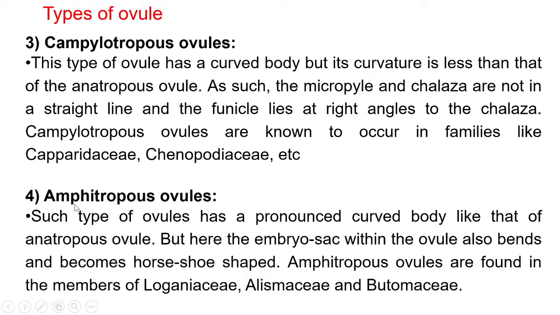Fourth one we have seen in diagram, amphitropous ovule. Such type of the ovule has a pronounced curved body like that of anatropous ovule. But here the embryo sac within the ovule also bends and becomes horseshoe shaped. Amphitropous ovules are found in members of Lemnaceae, Alismaceae and Butomaceae.